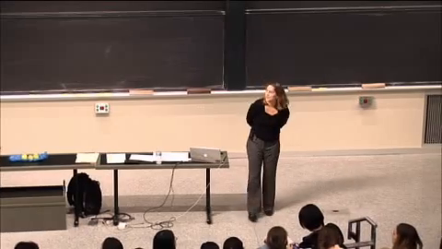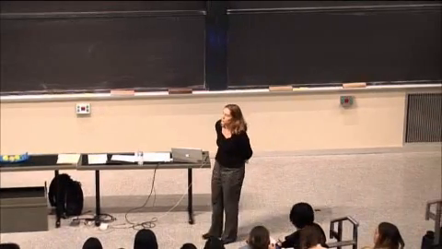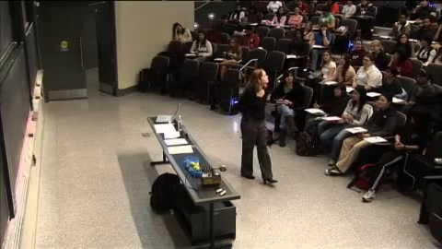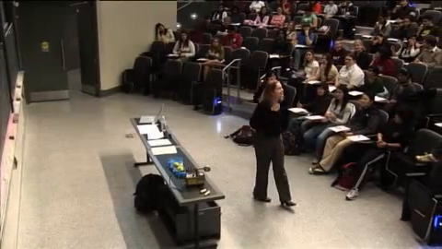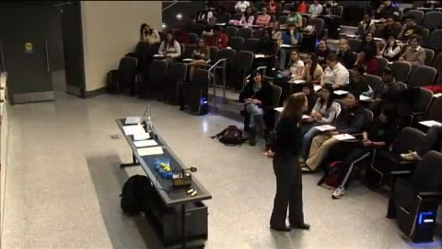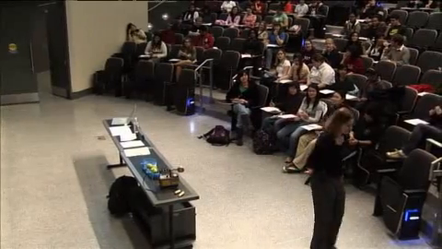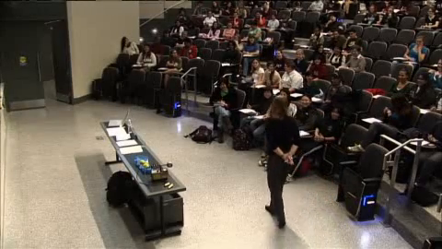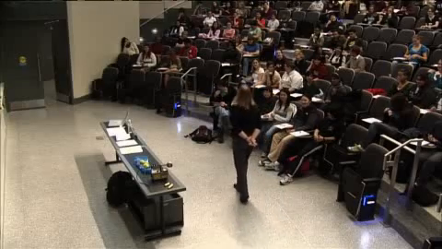Does anyone want to guess who the Curie unit was named after? Pierre Curie. Marie? No, it was named after her husband, actually, Pierre Curie. I always assume Marie, because she is more famous than her husband.